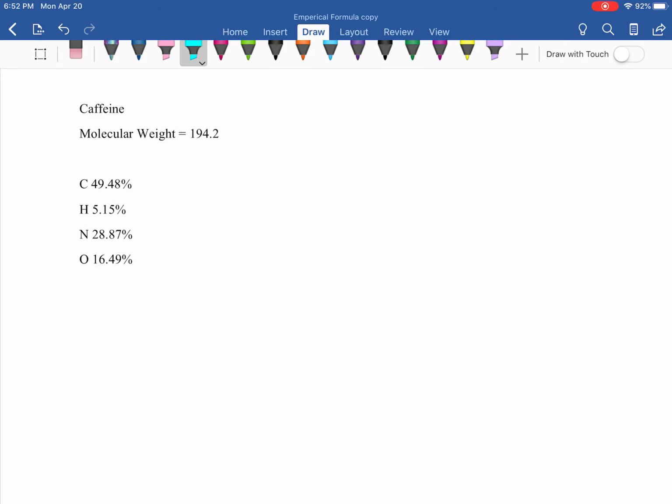So let's do some caffeine. Obviously, I enjoy caffeine. And I'm giving the molecular weight also. So let's start our process and let's see why we even need the molecular weight or why we give a crap. So let's work our way through our process. This looks a little bit rowdier, but let's double check that that's 100%. So grab your calculator. I'm going to do the same thing.